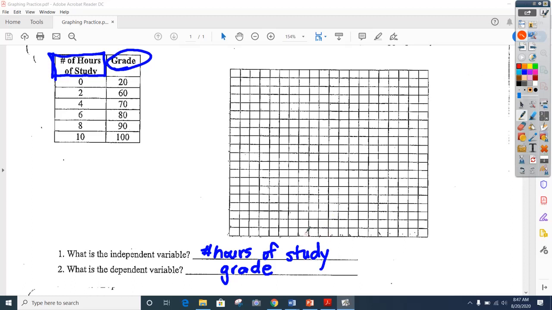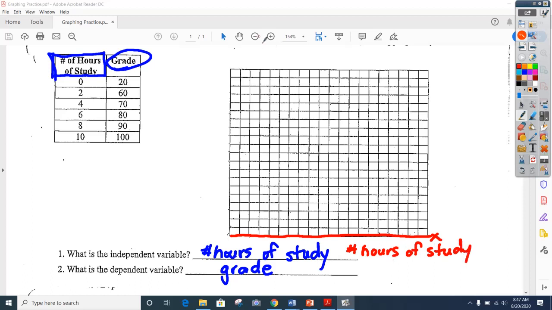So my independent variable on my graph would go down here on my x-axis. So down here, I would label this bottom line right here. I would label this one number hours of study.